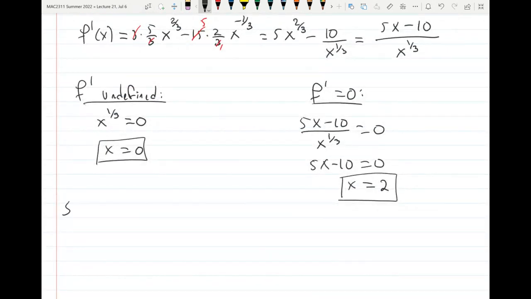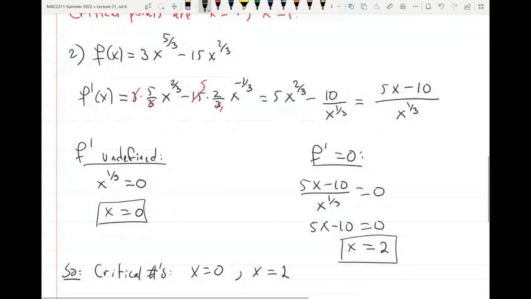All right, so we found two critical numbers. So critical numbers, x equals 0 and x equals 2. So once again, I repeat, if this function is going to have any relative extrema, it will happen at one of these two locations. Okay?